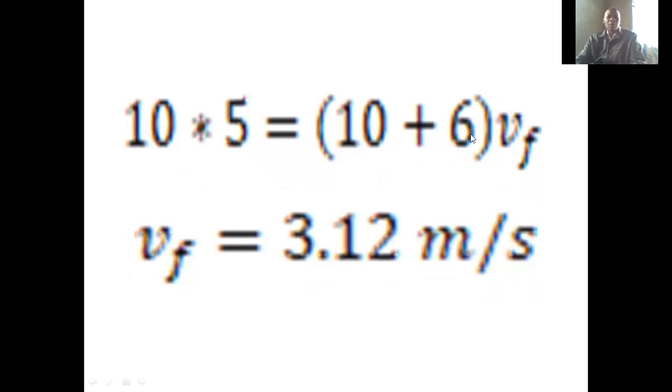When we make the common velocity the subject of the formula, with which the two bags move, it gives us 3.12 meters per second. So merely here, the concept is that in a perfectly inelastic collision, the bodies, when they collide, stick together. So they are going to have a common velocity. This is the basic concept that we need to know.